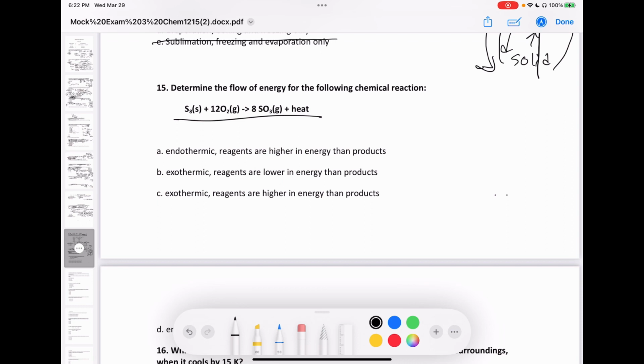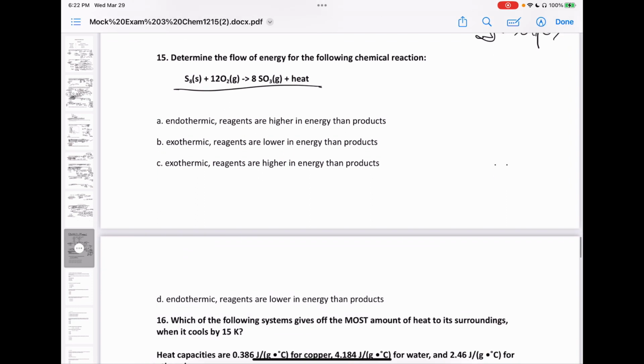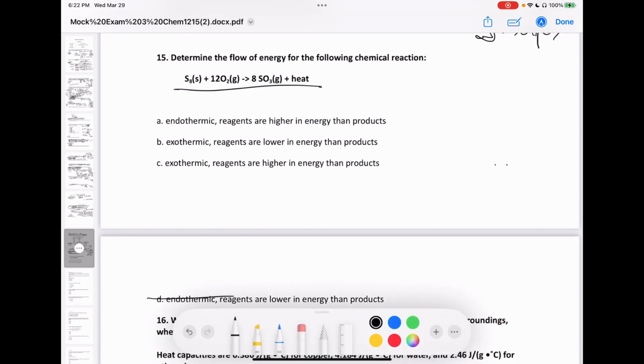If you see heat on the product side, a reaction is occurring and heat is released out as a product. And we know that when heat is released, that's going to be exothermic, right? So we can automatically rule out D and A.